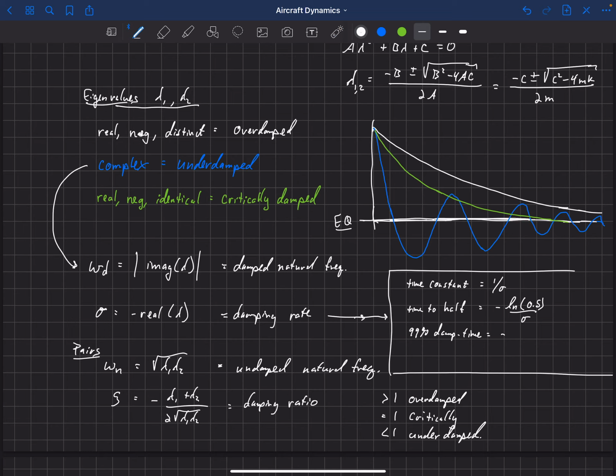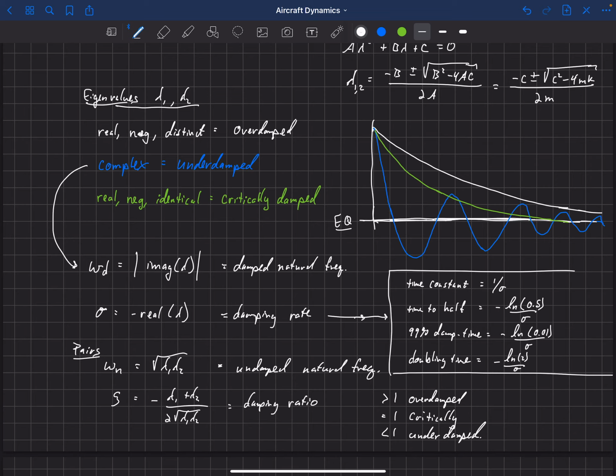That's equal to minus the natural log of 0.01 over sigma. And finally, if our system is not converging but diverging, and that happens if the real portion is positive instead of negative, then our system may be moving away from equilibrium instead of towards equilibrium. So we can compute what's called the doubling time, and that is equal to minus the natural log of 2 over sigma. Okay, so those are some things that we can get from the damping rate.